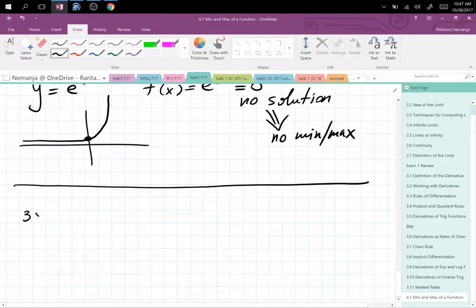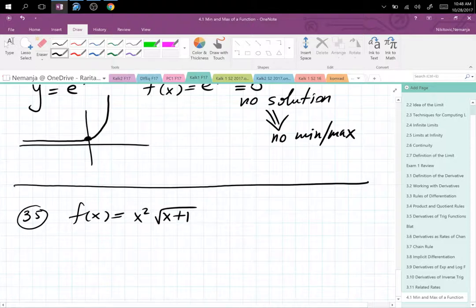Let's start with 35, which says that the function f of x is equal to x squared times the square root of x plus 1. Find min max if we have any.